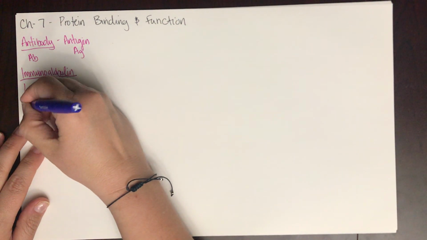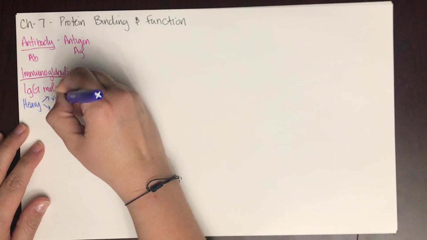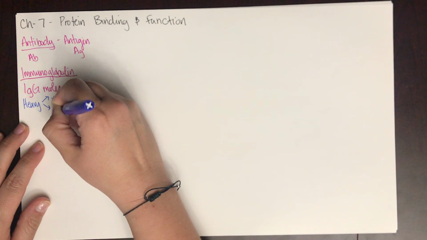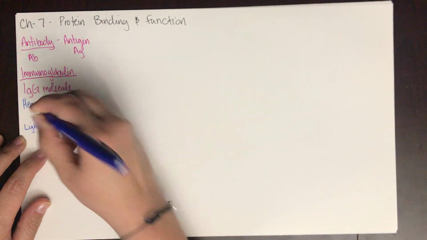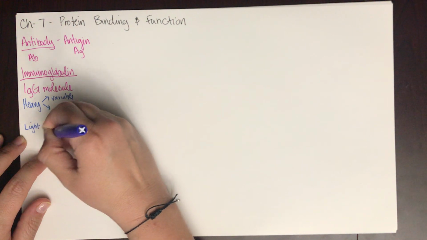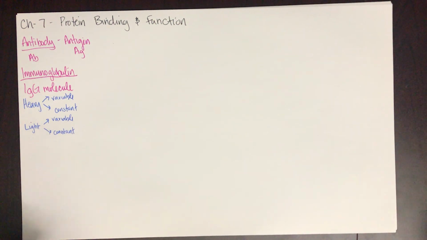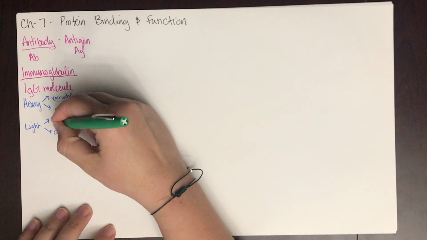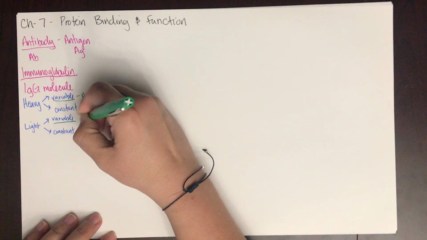So there are heavy chains, variable and constant, and then there are light chains, also variable and constant. And we're going to see the edge of these variable chains is where we're going to bind the antigen.